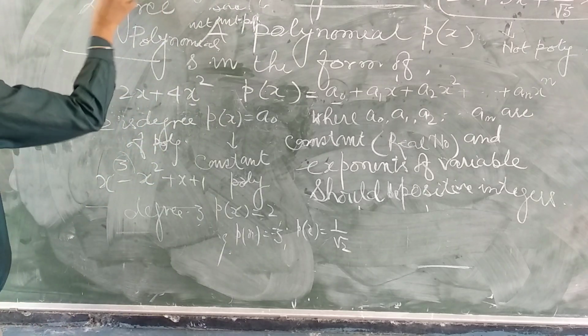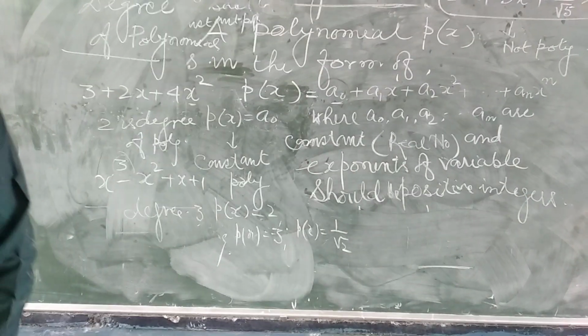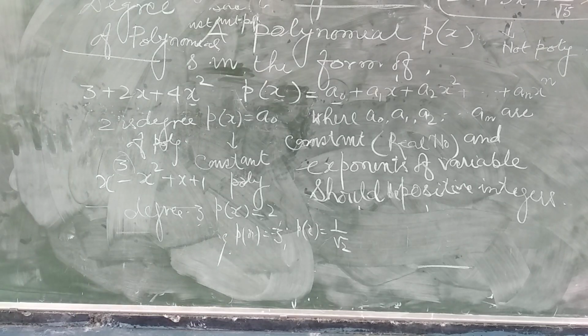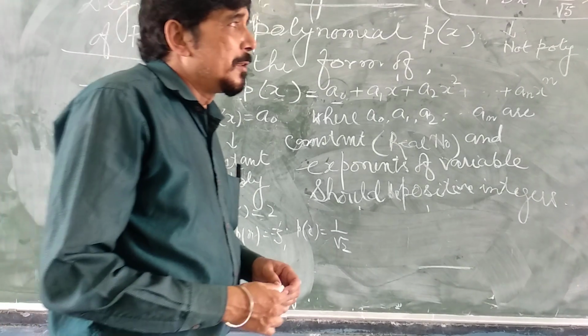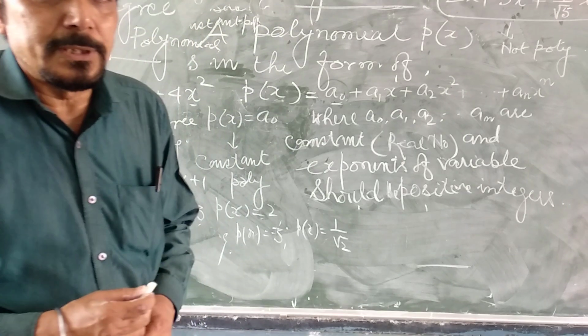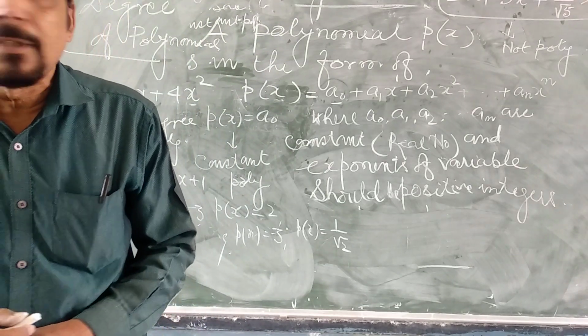Now remark second. Degree of zero polynomial is not defined. Okay.